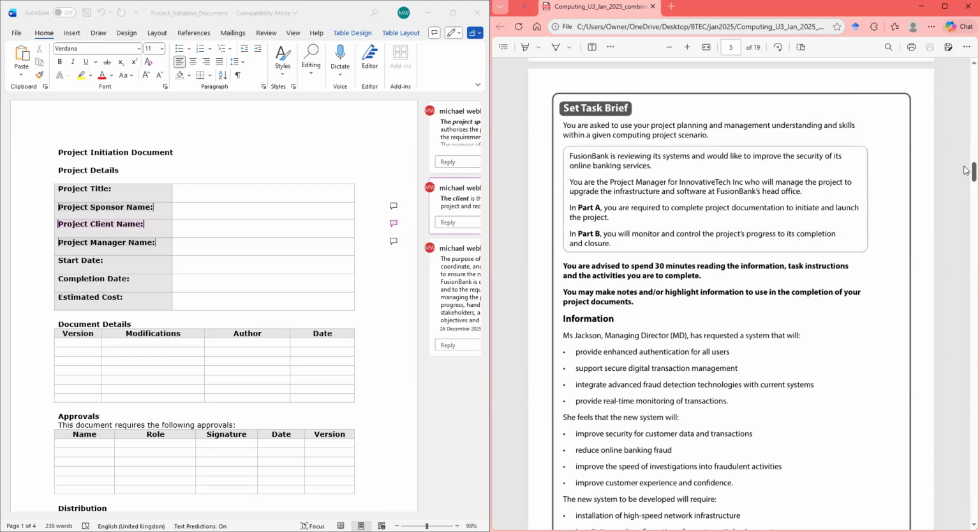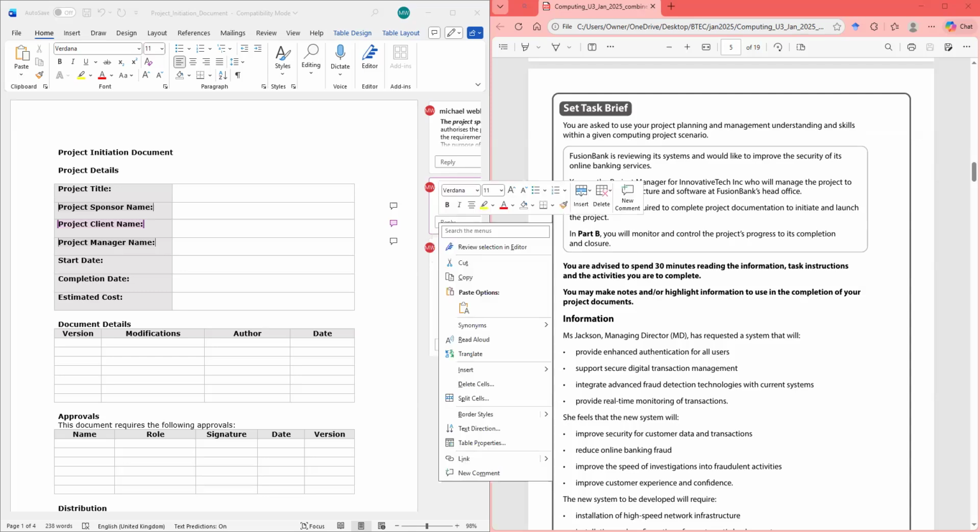All right, so what I'm going to do, I'm going to give this project a title. And the title I am going to give to it is, my title is going to be Fusion Bank Infrastructure and Software Upgrade.